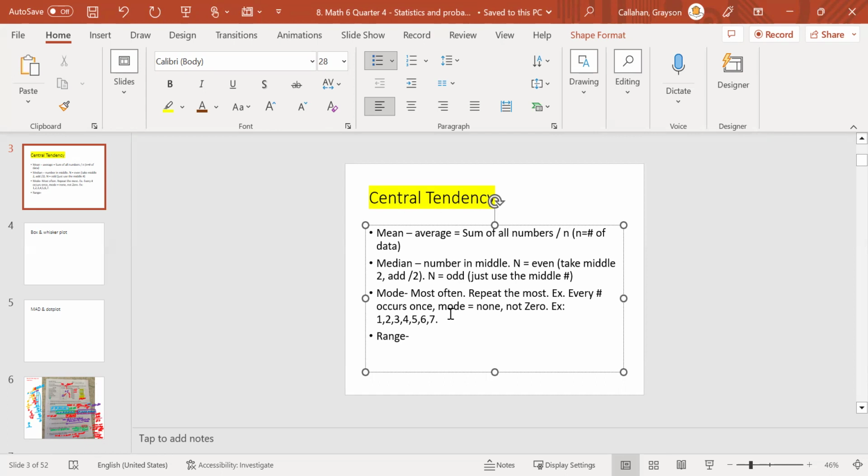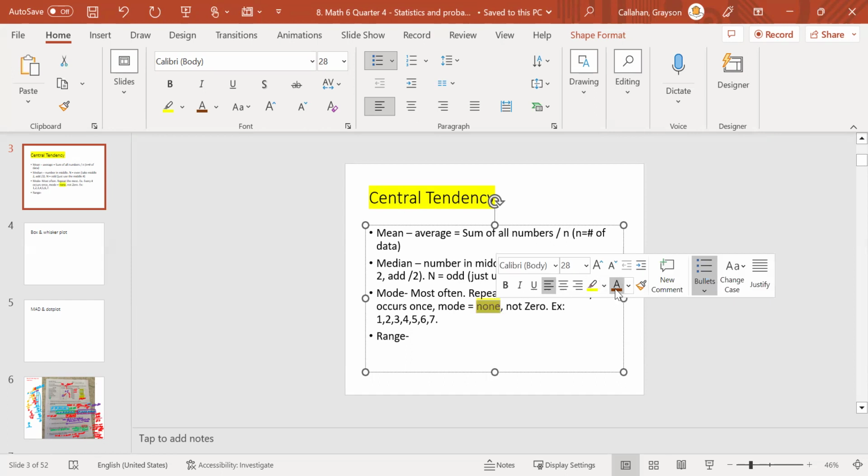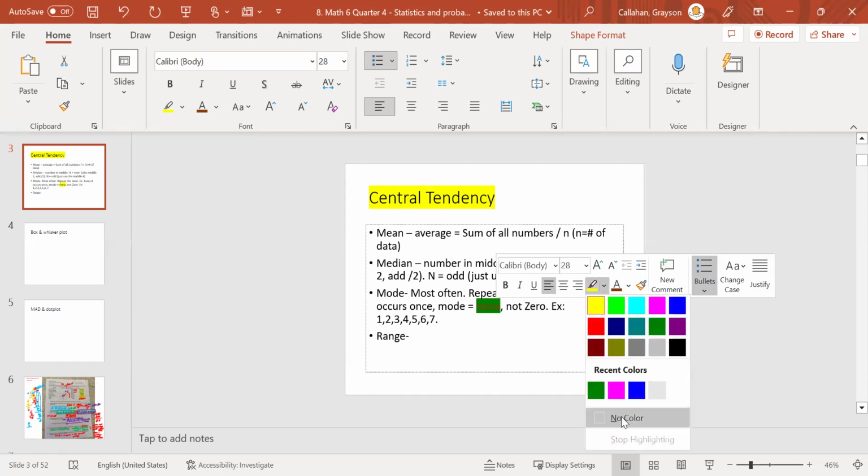Mode is the number that occurs the most frequently. There is no number that occurs. Is it 0? No, 0 implies that there are like 5 zeros there. Then it's none. That's a trick question. Do you understand why that's a trick question?